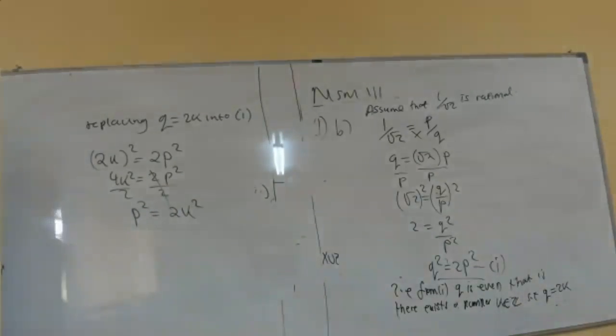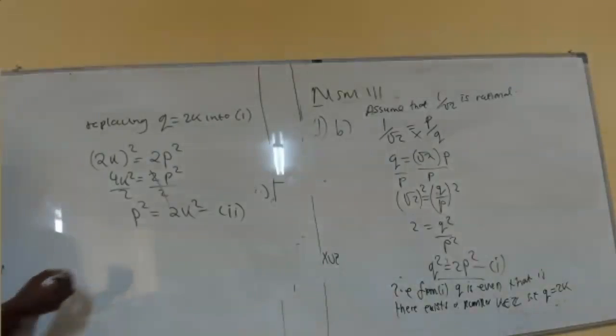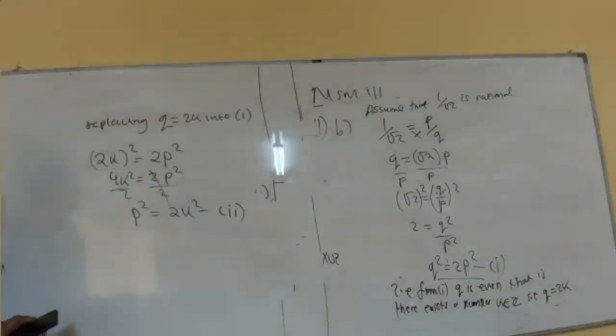Now, what does that mean? It means that p is actually also even. So this is equation 2. From equation 2, we can see that p is also a multiple of 2.